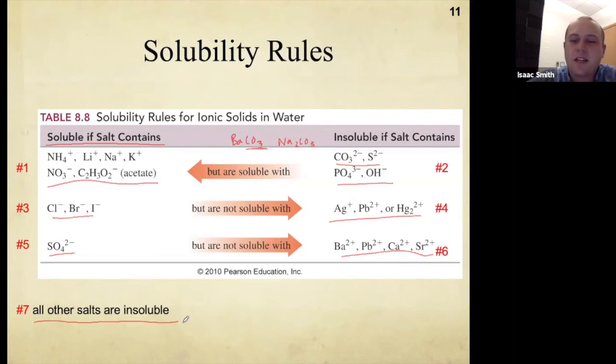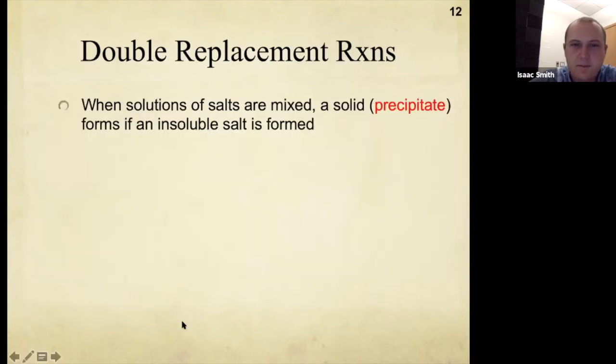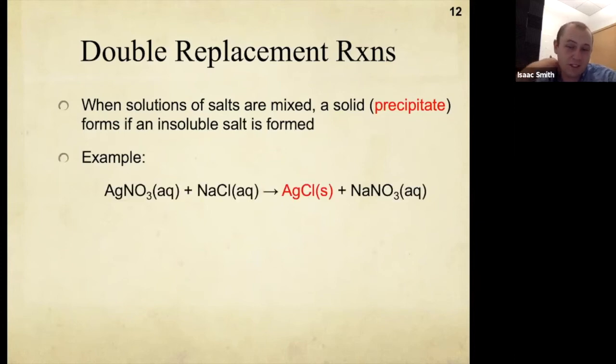It's also going to help you come up with ionic equations, which we'll talk about at the end of the PowerPoint here. When you do the equations, sometimes an insoluble salt is formed. So here's where you can really understand the aqueous versus the solid on the ionic compounds.